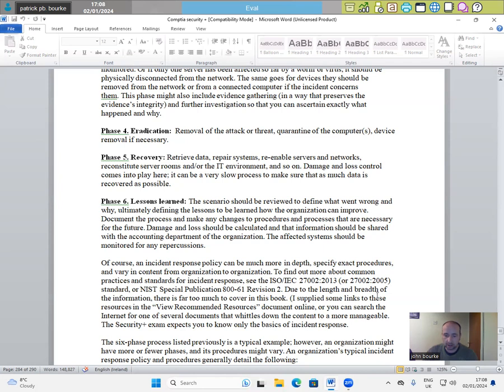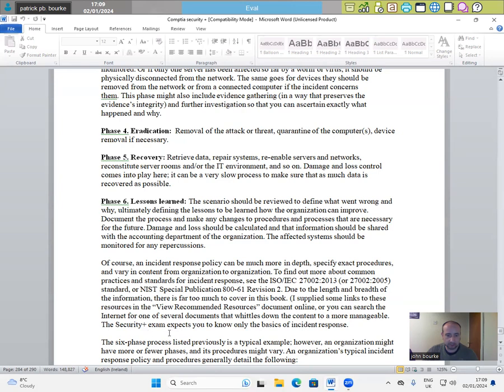Due to the length and breadth of the information, there is far too much to cover in this book. I supplied some links to these resources in the View Recommended Resources document online, and you can search the internet for one of several documents that whittles down the content to something more manageable.